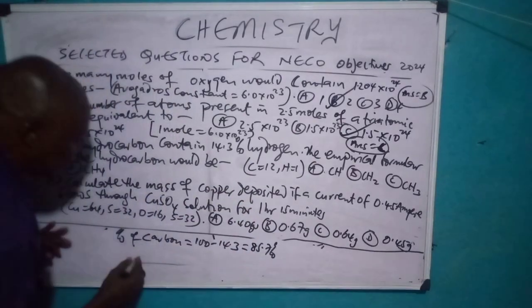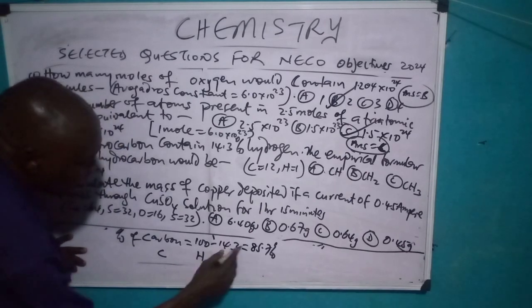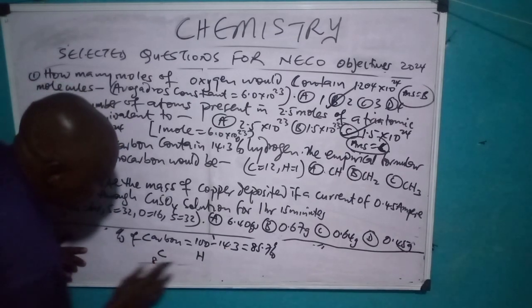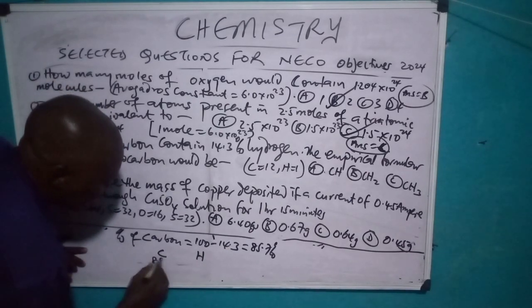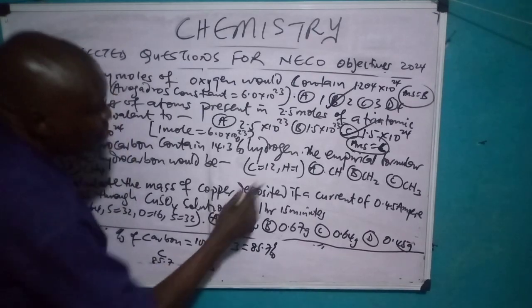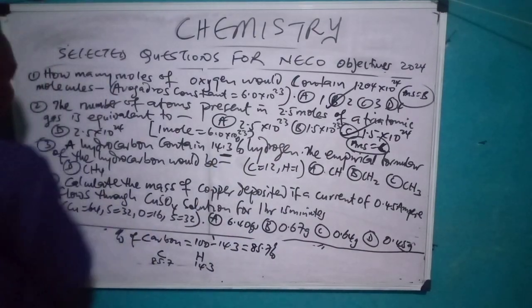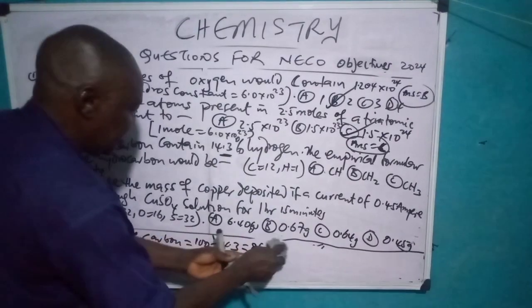Now you look at this. You now say percentage of carbon and hydrogen. Carbon is 85.7, while hydrogen is 14.3, which they gave to us here. So we don't need this one again.